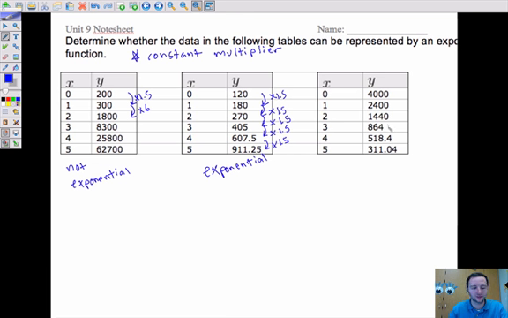We'll do the same for the last one, 2400 divided by 4000. This is decreasing, so we know the multiplier is going to be less than 1 because it's a decay. So this is multiplied by 0.6. This is multiplied by 0.6. 0.6 again.